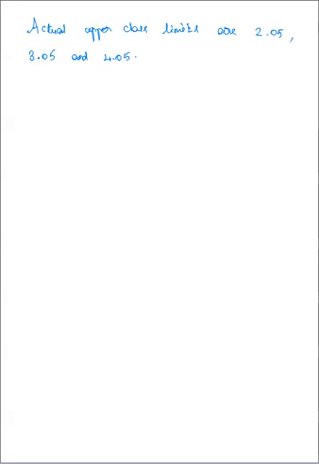To find the class mark, we should add the upper class limit and lower class limit. Then you should divide by 2. Class mark is equal to 1.05 plus 2.05 by 2. 3.10 by 2, which will be equal to 1.55.